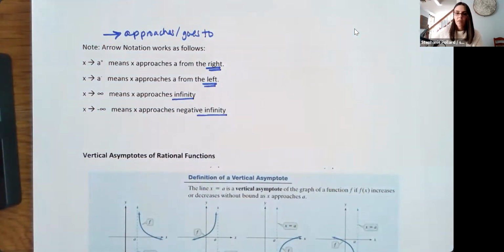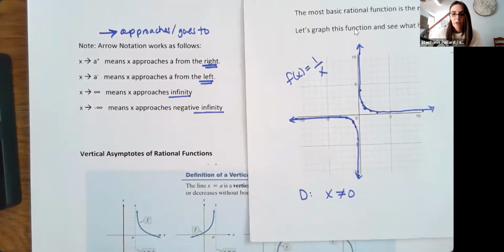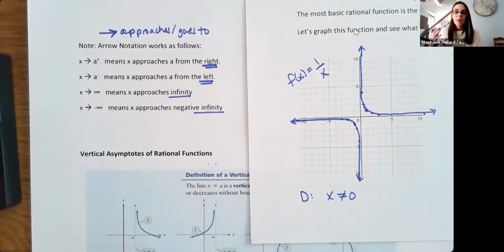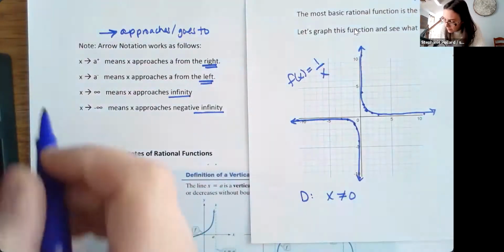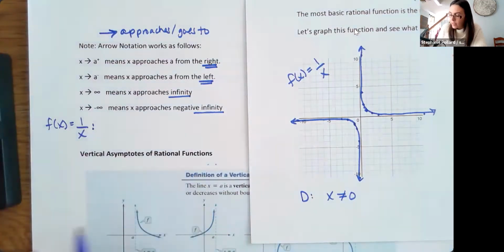So if we go back to our graph on the other page here, I don't know if I'll be able to keep them both on the screen. We'll try. But let's see what's going on, and we're going to use this graph as our focus. So let's do the bottom two first. I think that's our easiest to see.